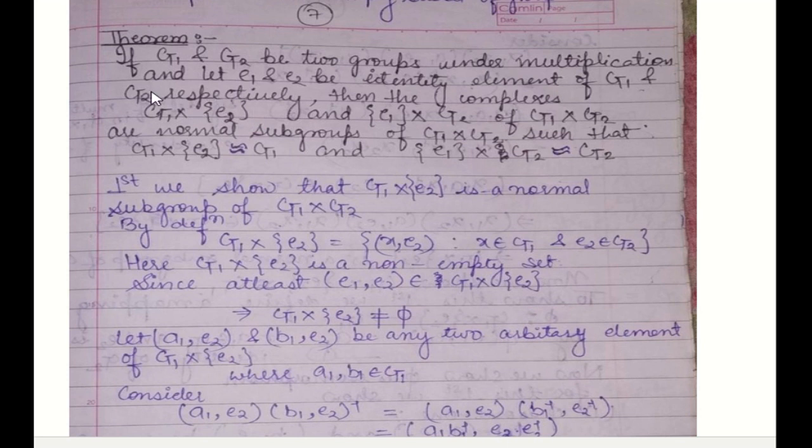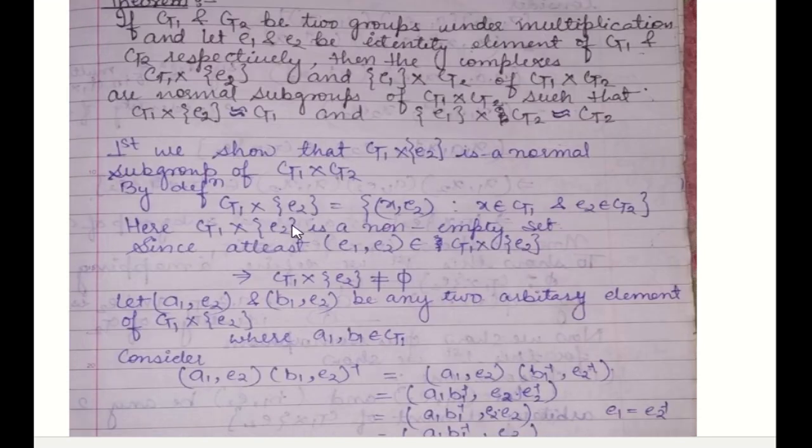Look at this: first we take the group G1, and with it we take the identity of G2, and E1, the identity of G1, cross G2.